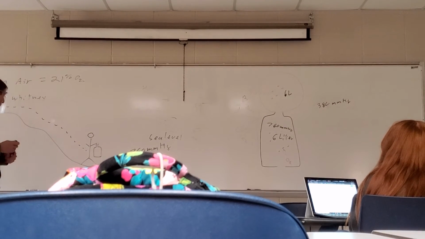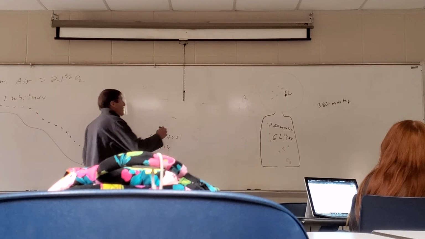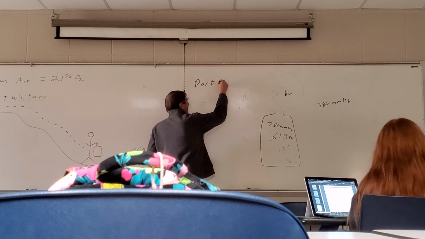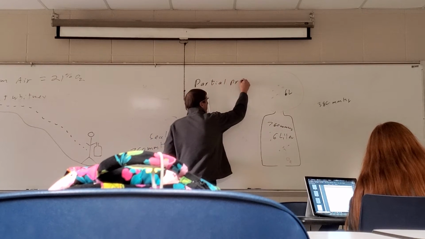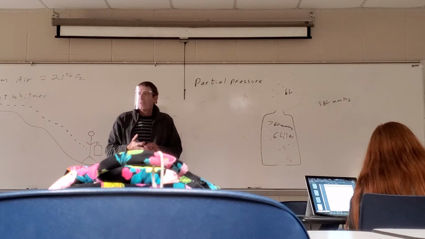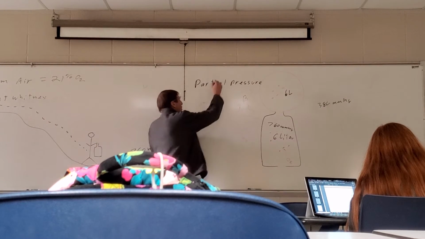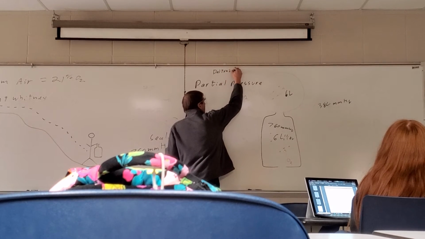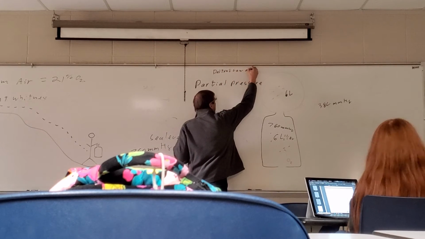What we're going to use are some things called partial pressure. If you look at it up in your textbook, you're going to refer to this as Dalton's law of partial pressure.